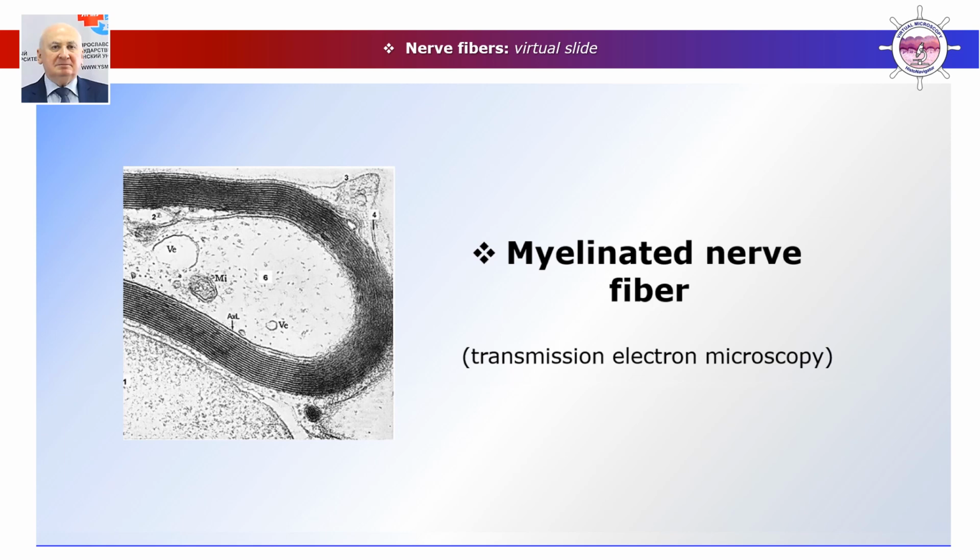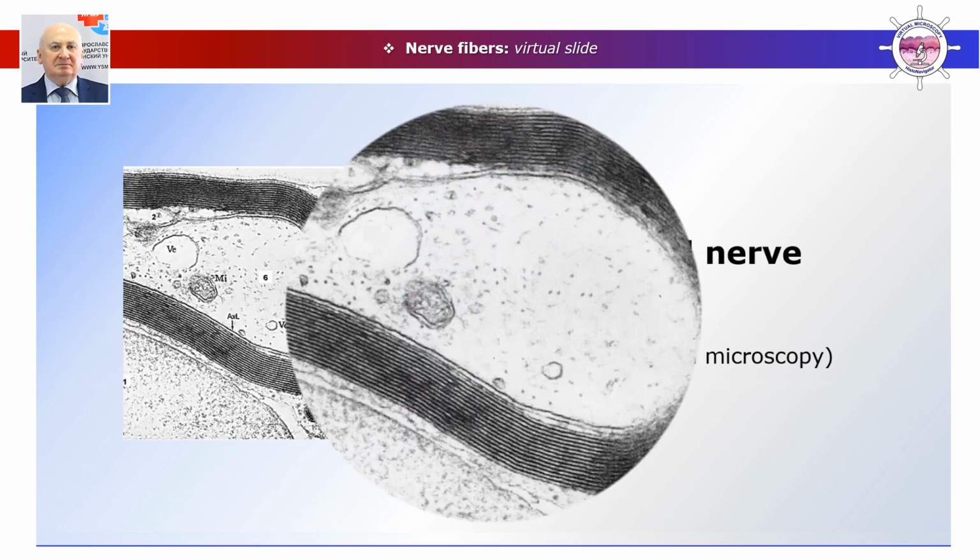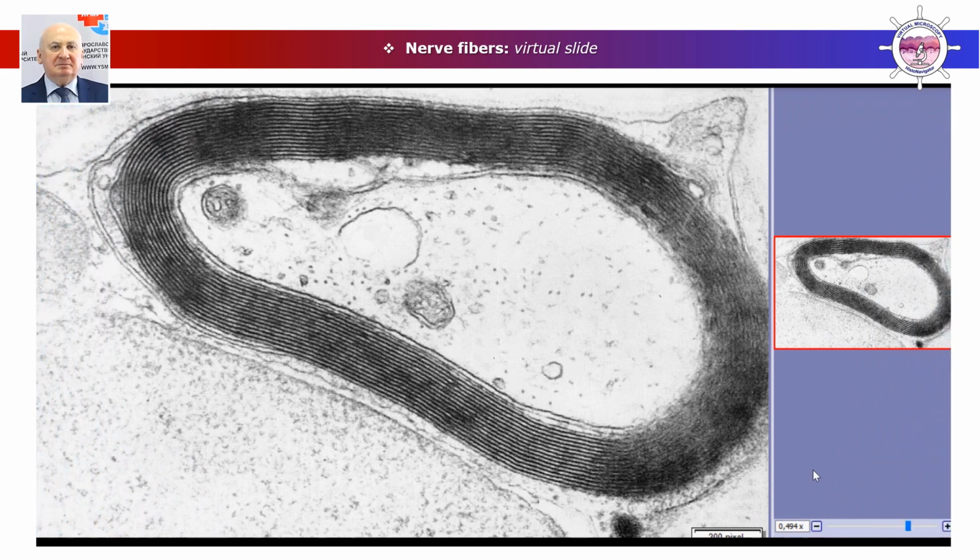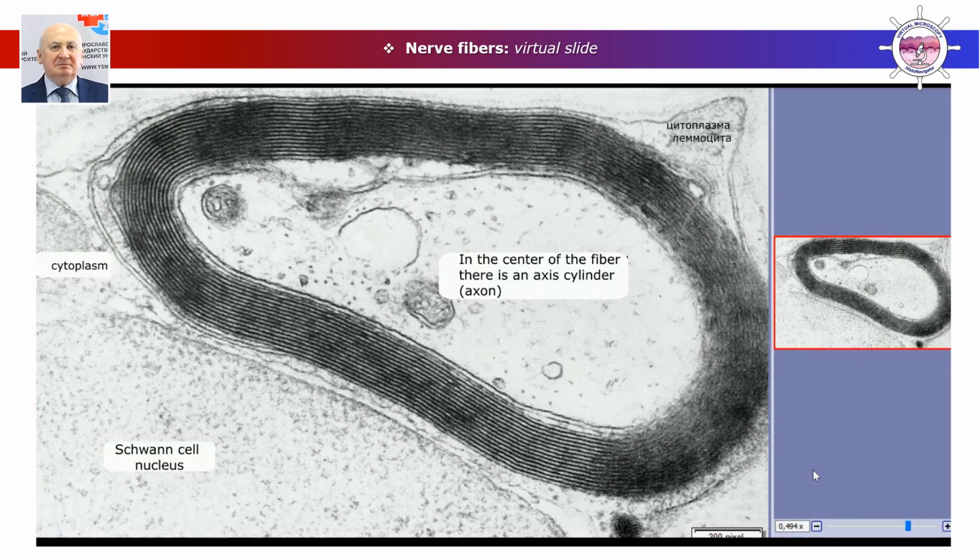Formed myelinated nerve fiber. In the center of the fiber there is an axis cylinder, axon. The axis cylinder, the motor process of the neuron, is bounded by the plasmalemma and contains transversely cut elements of the cytoskeleton, transport vesicles and mitochondria.